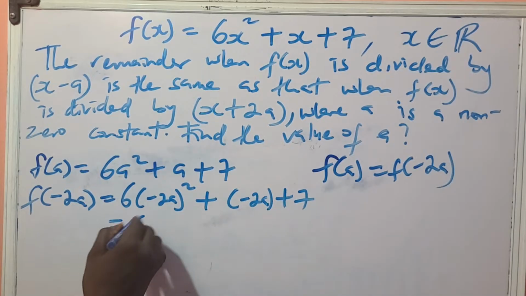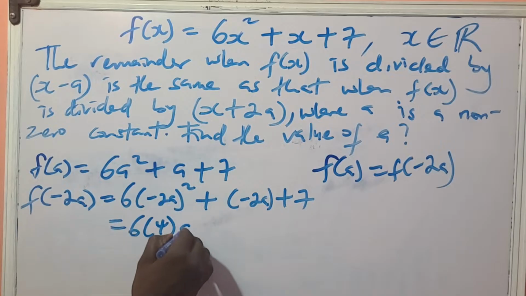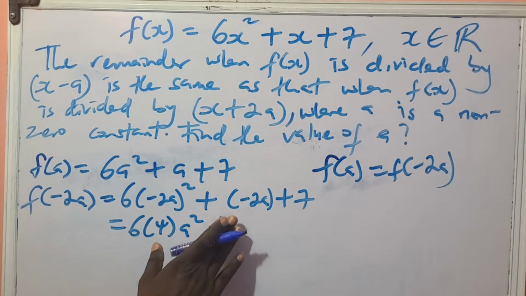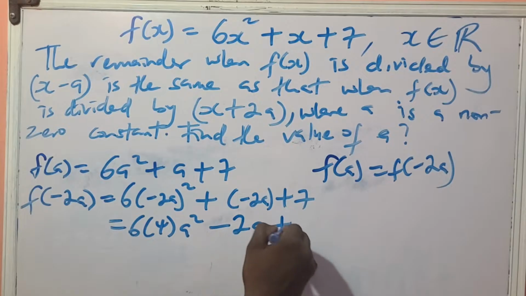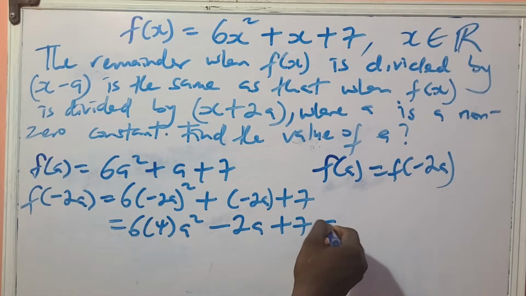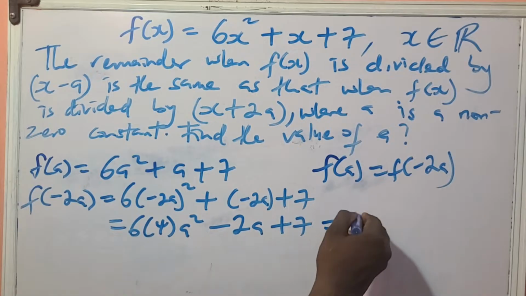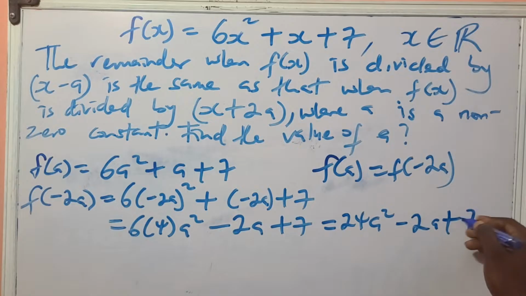This will be equal to 6 times minus 2 squared, that will be 4, then a squared. Then this will obviously turn to minus because plus times minus is minus. All right, so this will give me 24a squared minus 2a plus 7.